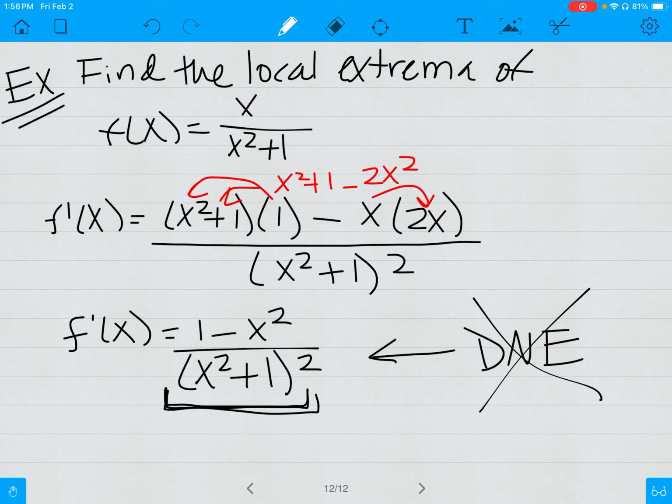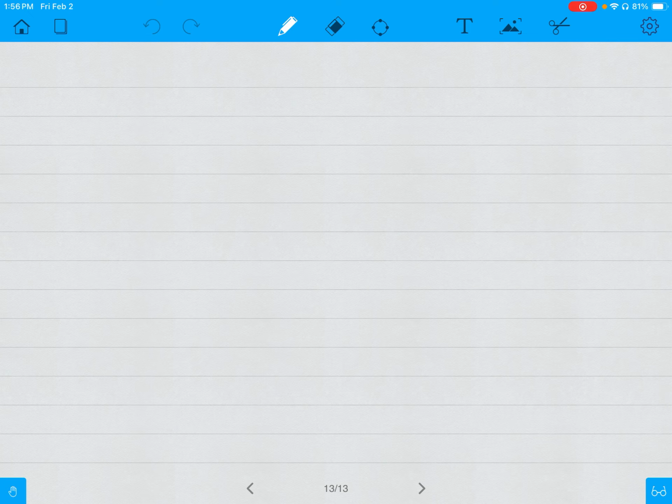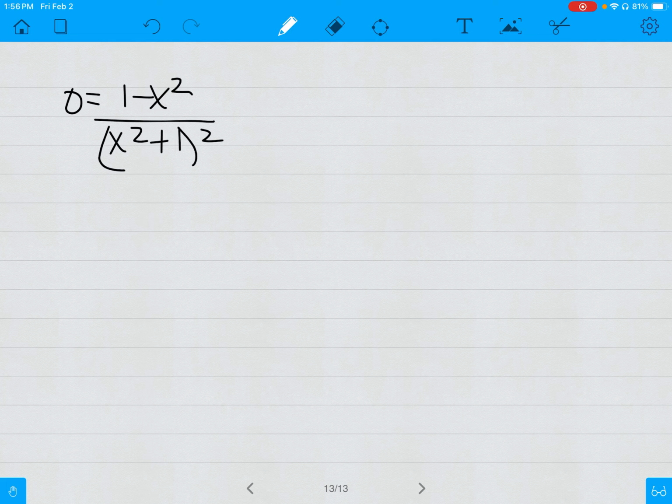But we do have to worry about places where f prime of x would be equal to 0, right? That's where we're going to find our critical values. So 0 is equal to 1 minus x squared over x squared plus 1 quantity squared. Well, since this is a fraction, the only way for this fraction to be equal to 0 is if the numerator is equal to 0.